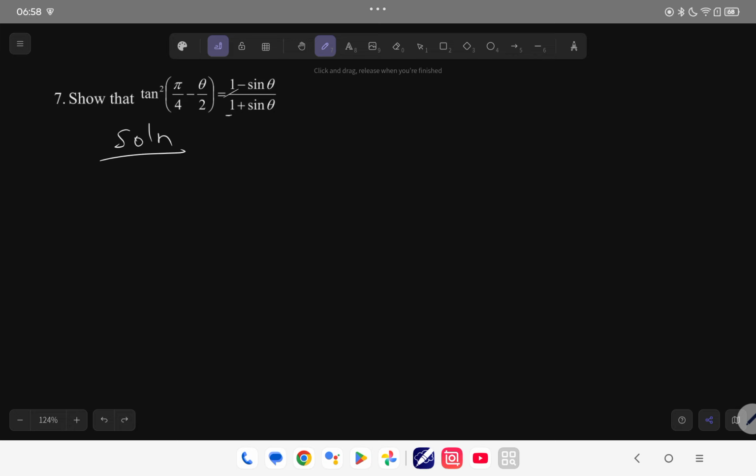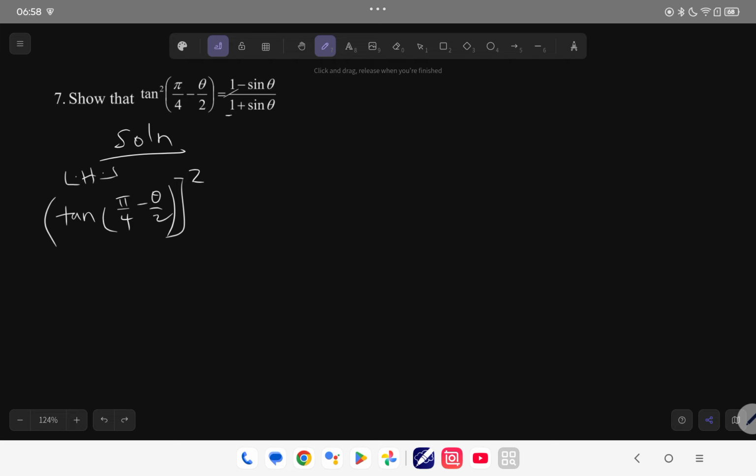So let's go. Now on the left hand side, what we have is the same as saying tan pi over 4 minus theta over 2, the whole of it squared.